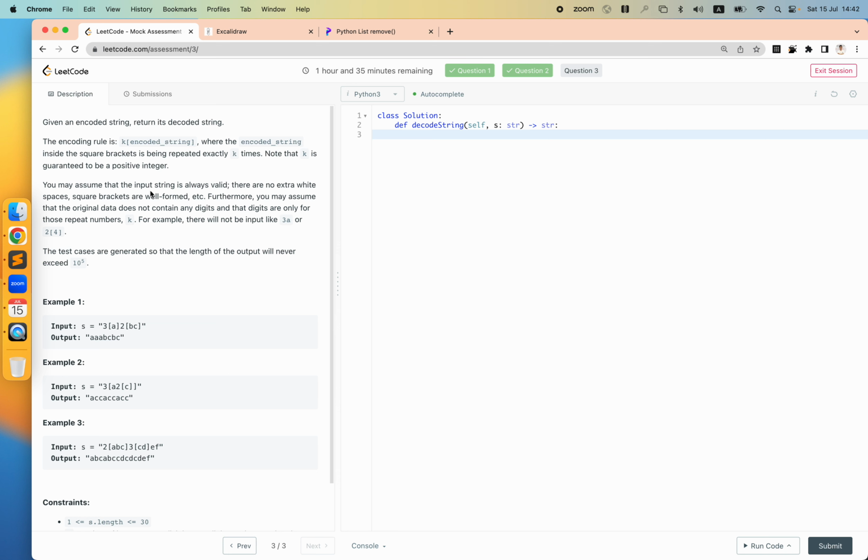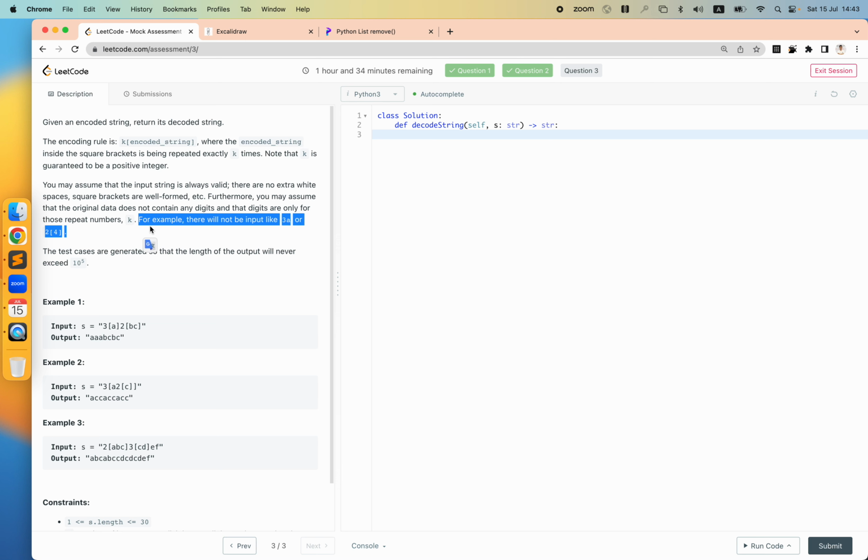There are no extra white spaces, the square brackets are well formed, etc. Furthermore, you may assume that the original data does not contain any digits, and that digits are only for the repeat number.